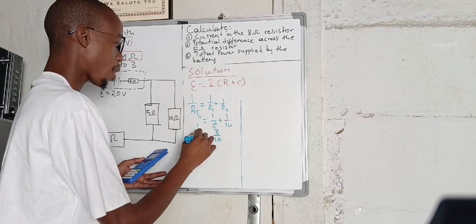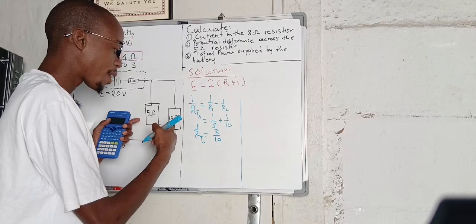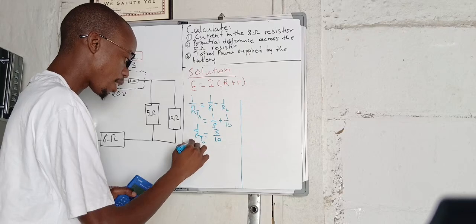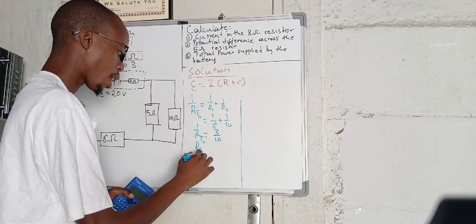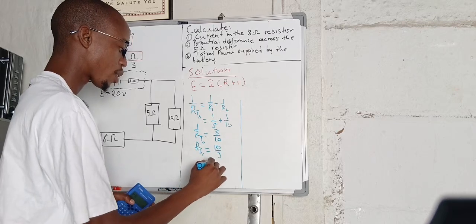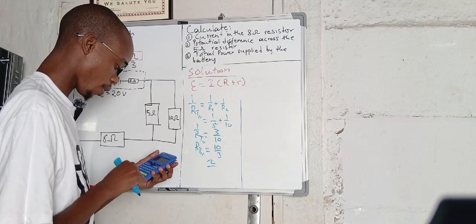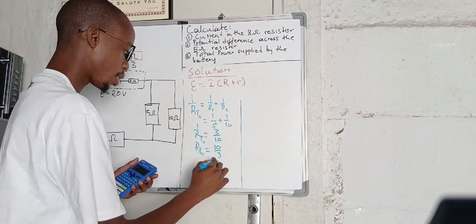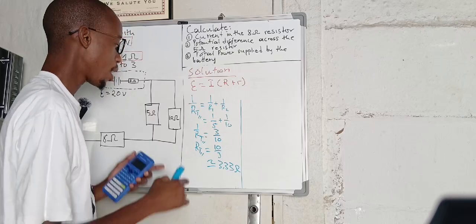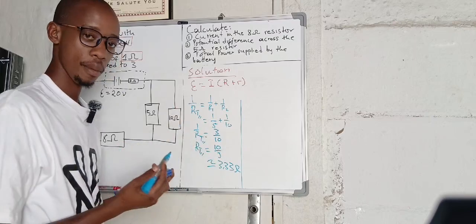This is basically 1 over R total parallel. It's not what we want. We want the effective resistance across the parallel circuit. So when we invert this, we find R total is going to give us 10 over 3, which is approximately 3.33 ohms.